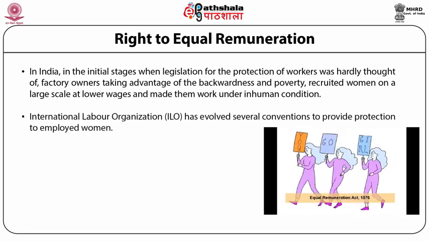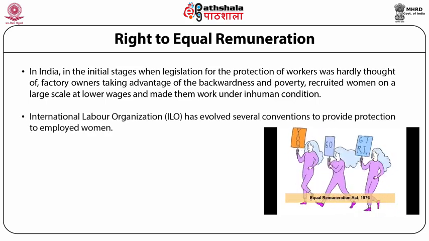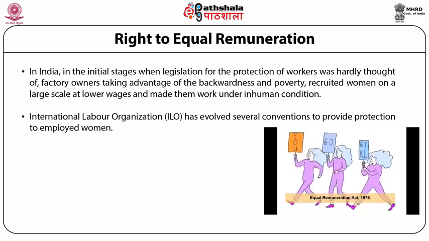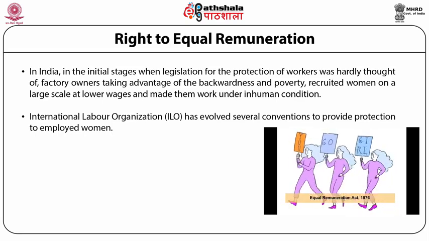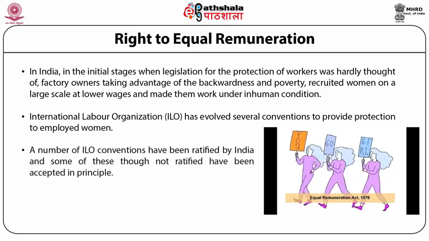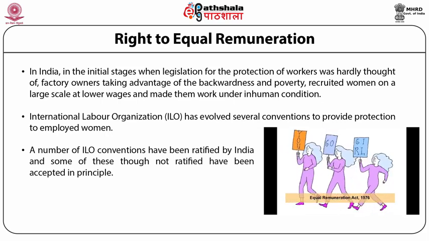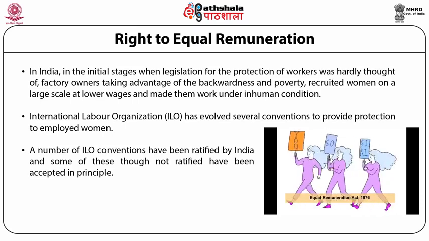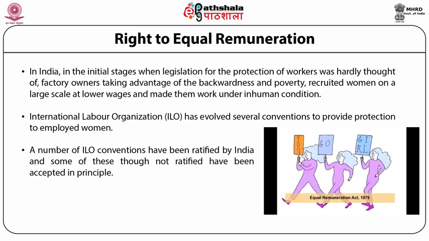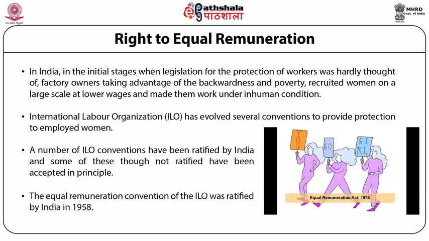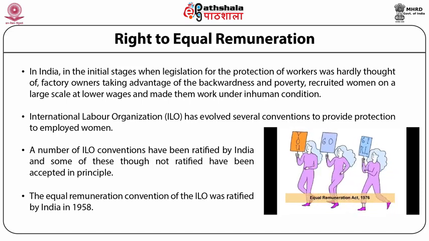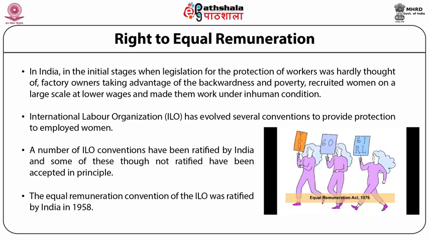The International Labour Organization has evolved several conventions to provide protection to employed women. A number of ILO conventions have been ratified by India, and some of these, though not ratified, have been accepted in principle. The Equal Remuneration Convention of the ILO was ratified by India in 1958.